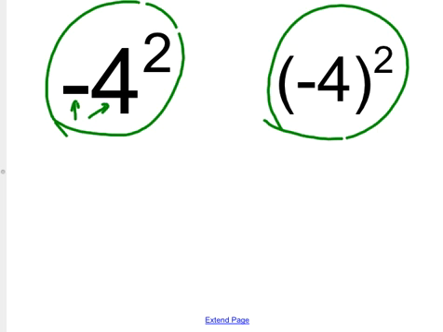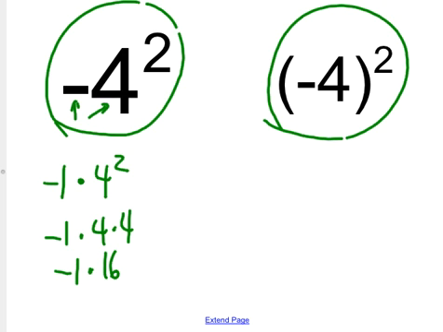So really, this is the same as writing -1 times 4 squared. So this would be -1 times 4 times 4, which would be -1 times 16, which would be -16.